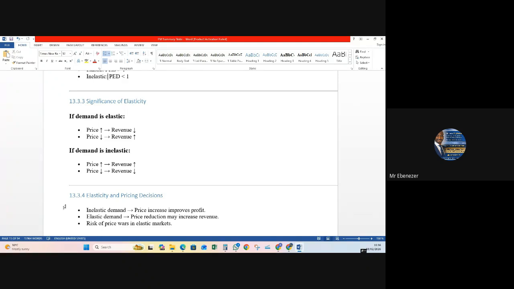And once your demand falls, it means that your revenue too will fall. All right? Now, if your price reduces, then your revenue increases. That's it. But if it is inelastic, if you increase the price, your revenue will still increase. If you reduce the price, your revenue will reduce. Are we there? So that is it.